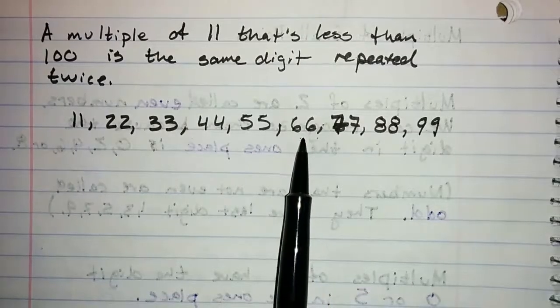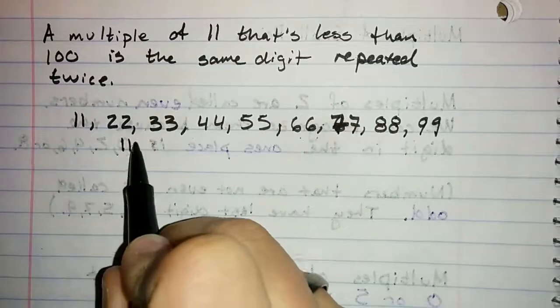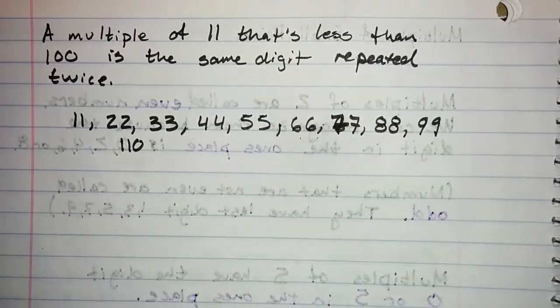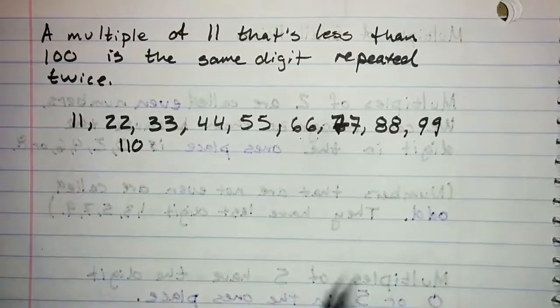Right, 66 is 11 times 6, for example. After that, well, 110 is pretty easy. That's 11 times 10. 11 times 11 is a little bit trickier because when we multiply, there's some addition that goes on. So they're a little harder to spot after that. But these 9 will be very useful to us.